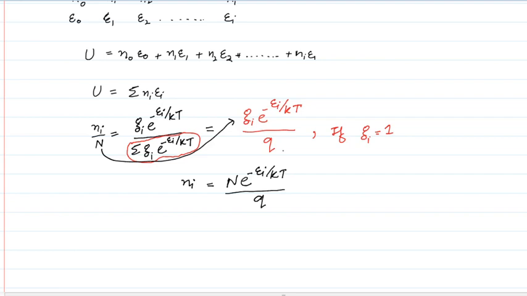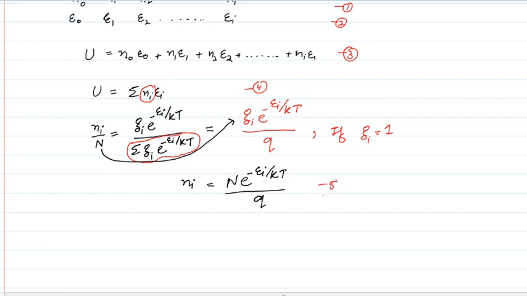That means we got the value of Ni here. So if this is equation number 1, this is 2, this will be 3, 4, and this will be 5.